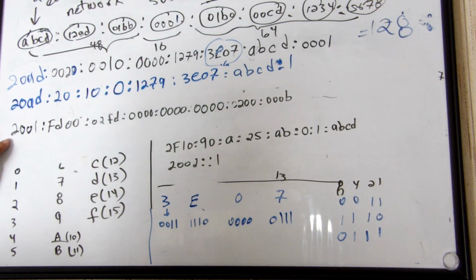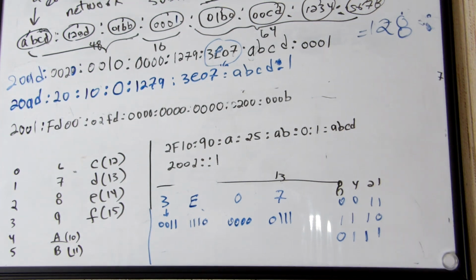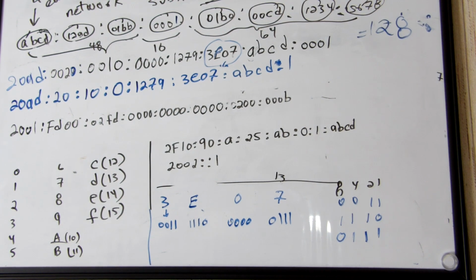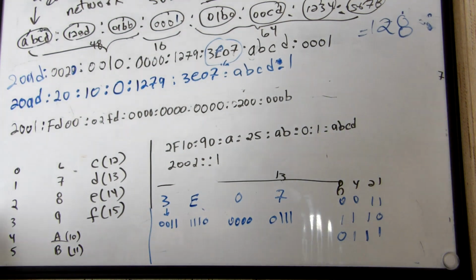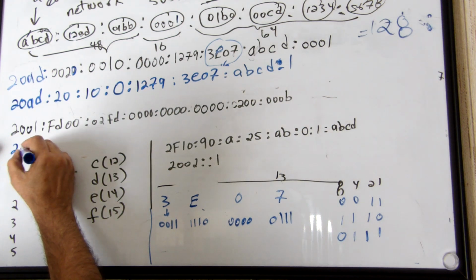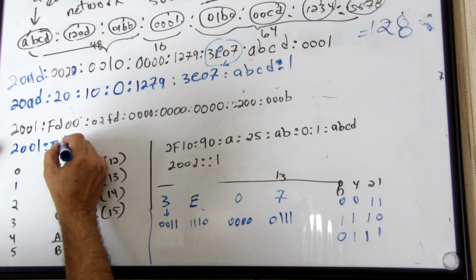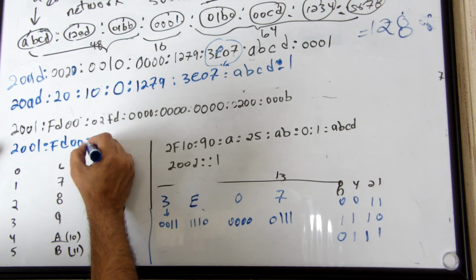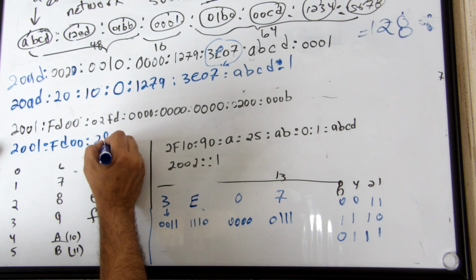Now, another example we have here. What would be the abbreviation for that? The abbreviation for this is 2001 FD00, no problem. 02FD, we can do 2FD.